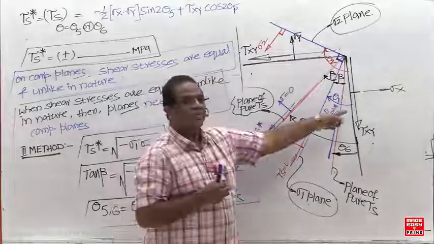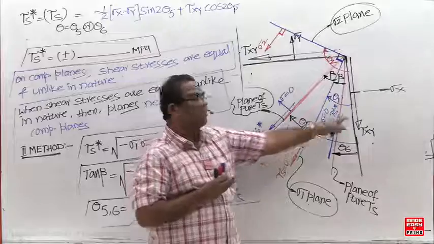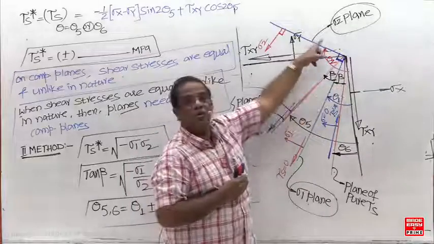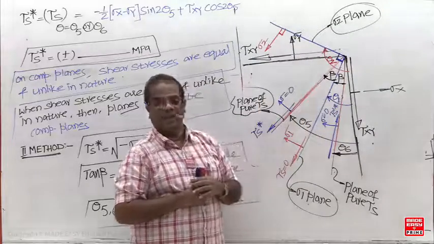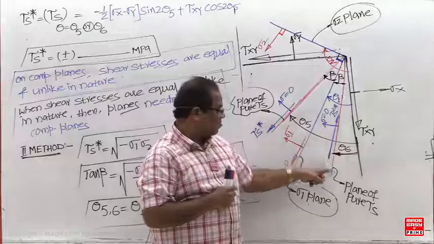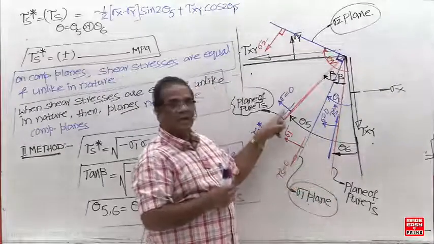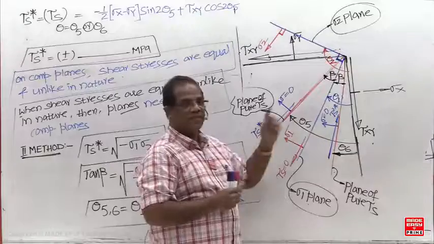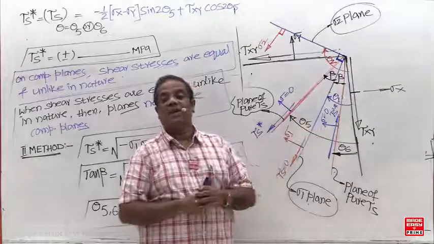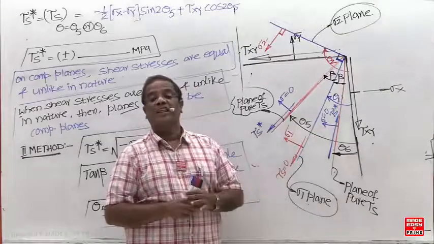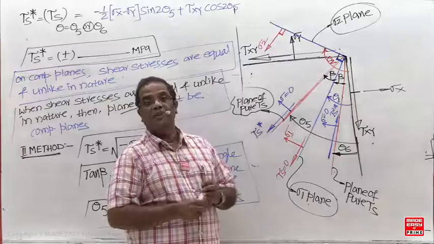So theta 1 represents the location of the major principal plane from the x face. Theta 2, the location of the minor principal plane from the x face. Theta 6, the location of a plane of pure shear stress from the x face. Theta 5, the location of a plane of pure shear from the x face. Similarly theta 3 and theta 4 are the locations of the tau max planes from the x face. And where are you going to get a tau max plane?